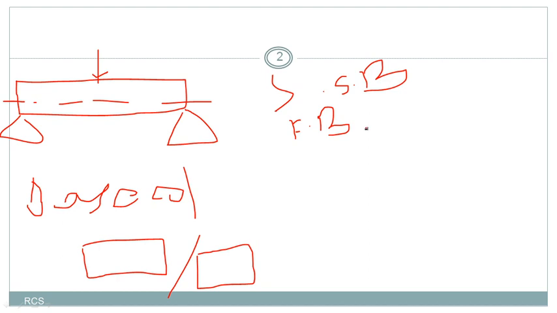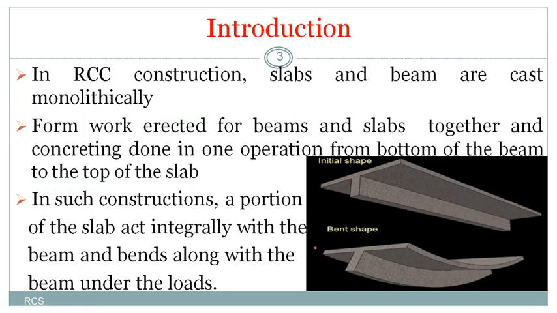And another type of beams are called flanged beams. What type of beams? Flanged beams. Now what do you mean by flange? Any projection on the top of a beam, at both sides or one side, is called a flange. So let us discuss what this flanged beam actually means.